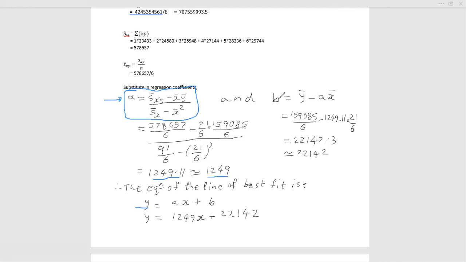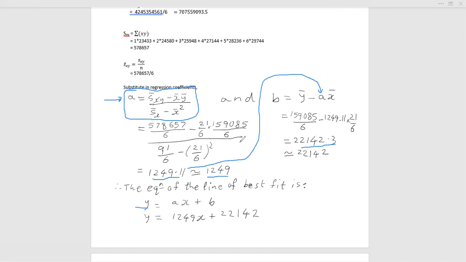And to find B, which is equal to y bar minus a x bar, we use this a value here. I used the non-approximated a value and substituted it here for a. X bar, y bar we already calculated, substitute them here, and I end up with this answer, 142.3, which is nearly equal to 142.